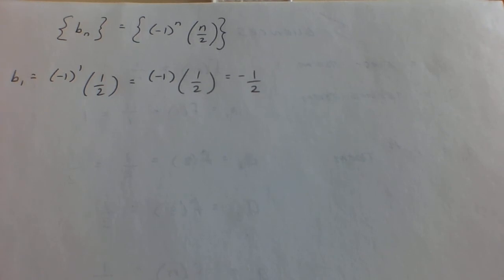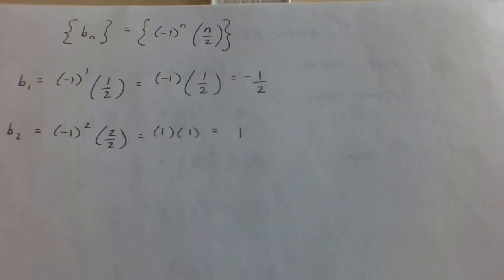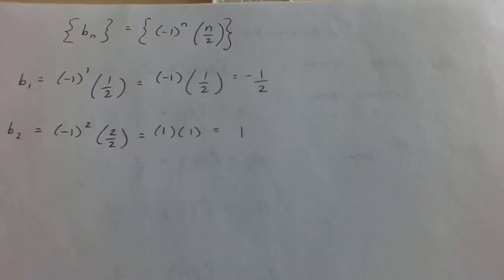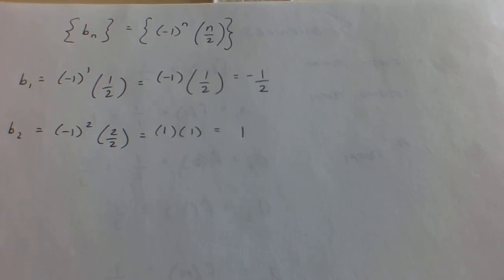That's going to give us a negative 1/2. Let's go ahead and calculate out the rest of the terms in this sequence. For b2, we're going to get negative 1, the whole thing squared, times the fraction 2 over 2. This is going to be the same thing as 1 times 1, or a second term of 1.